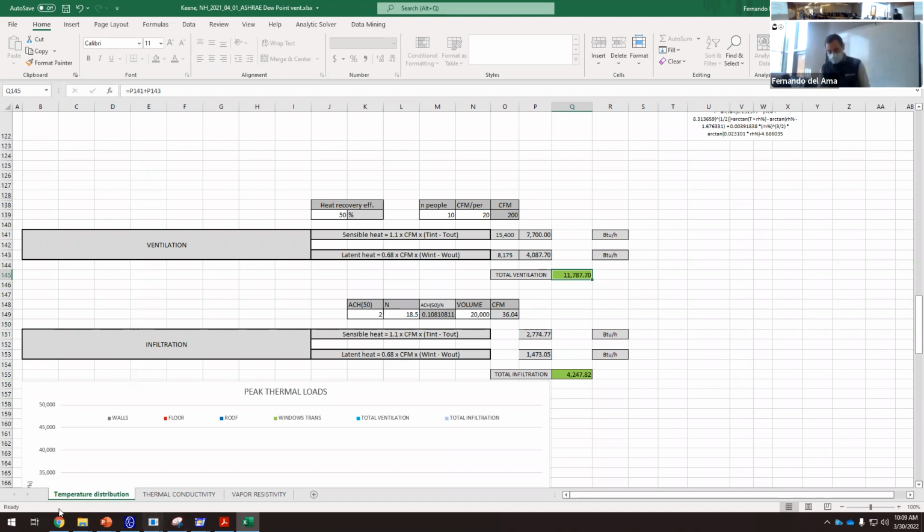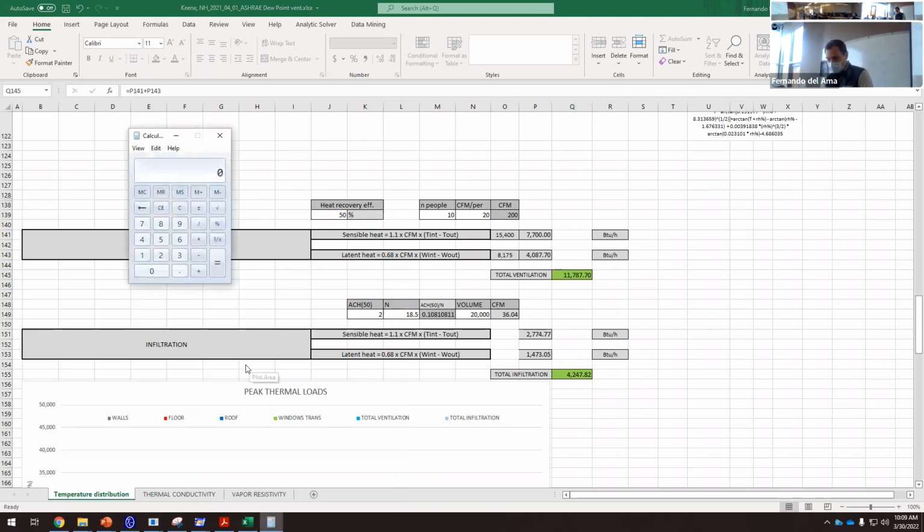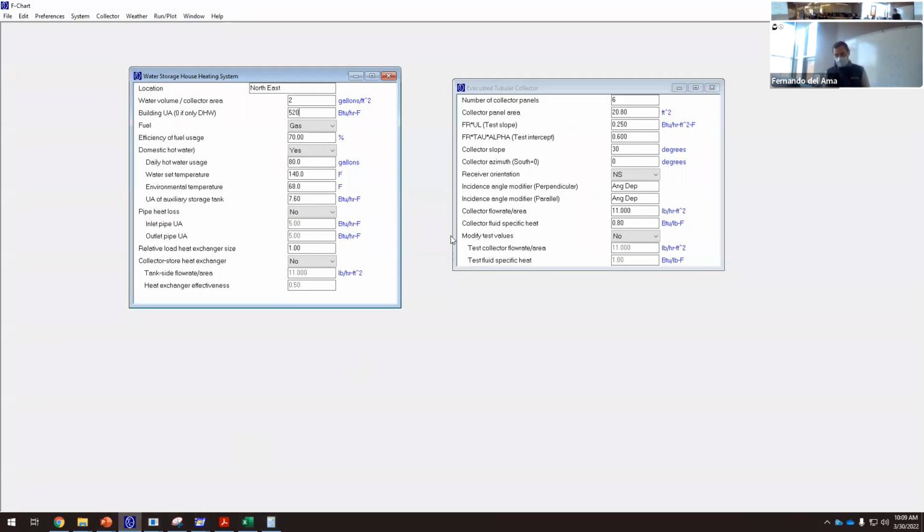Okay, so this is 413, around 400. That's the value that we have to include in this UA. By default, we have 520, so that would be 413.